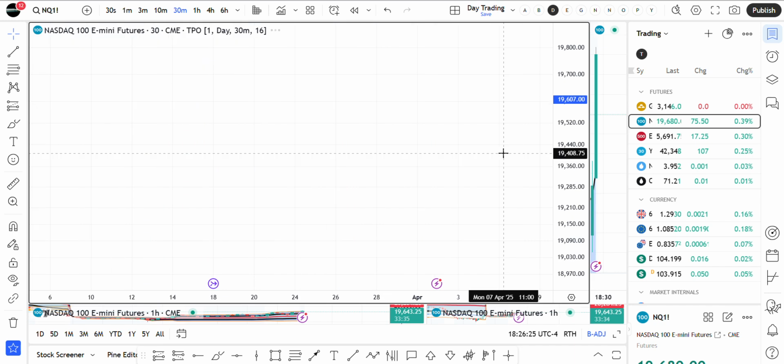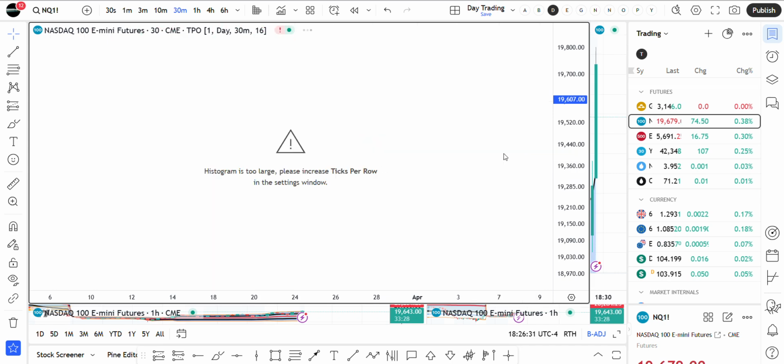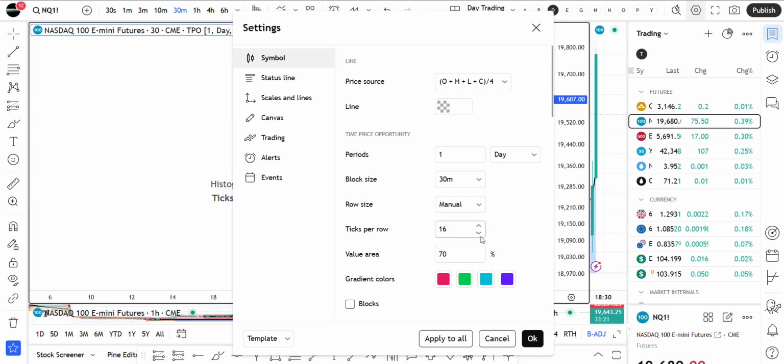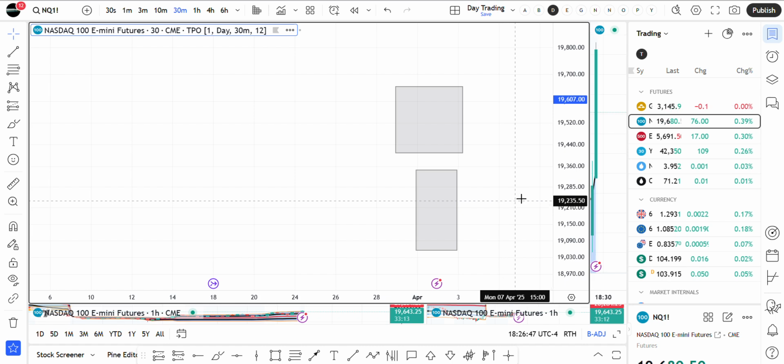And regular trading hours. When you're doing TPOs or market profile for Nasdaq, S&P, Dow, well, let's change it to 12 actually. Sometimes we use 12.